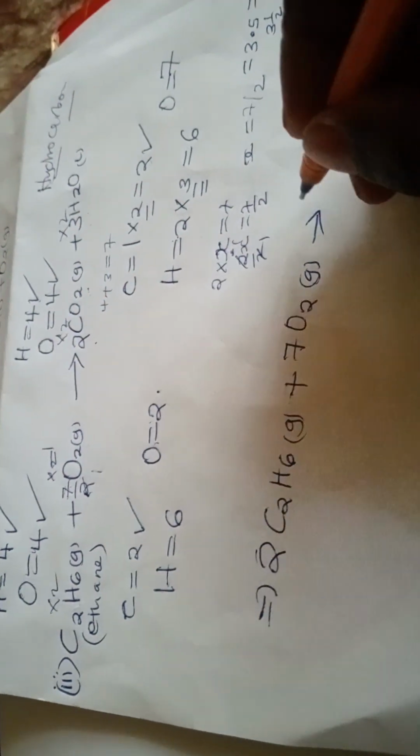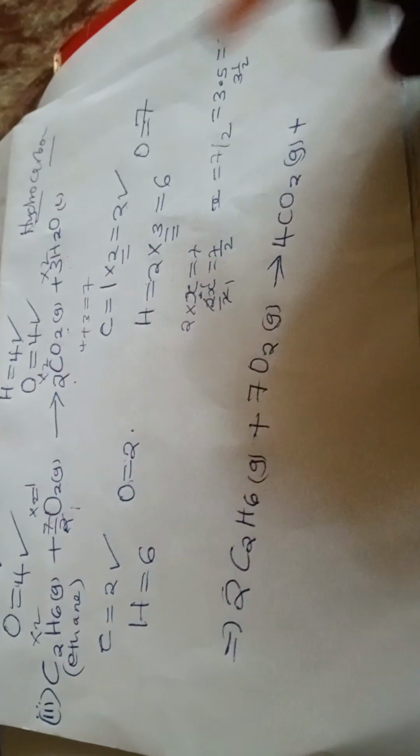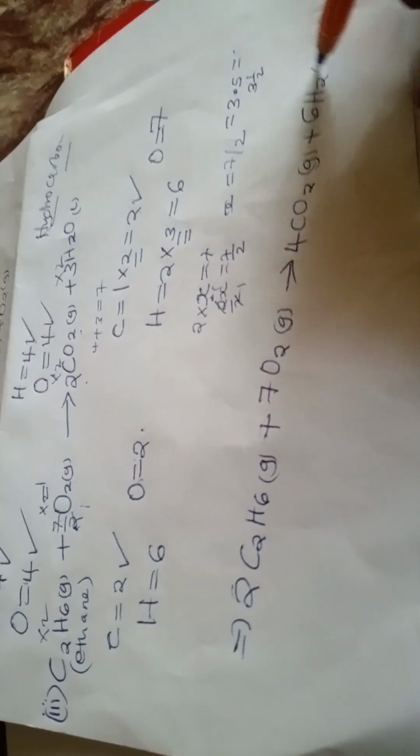Alafu the overall equation will now be hii 2 tuilete hapo nyuma, 2C2H6 ni gas plus hii sasa inaweza cancel by 2, so itakuja 7O2 gas to give us hii hapa kuna 2 na 2 multiply zinakuja 4CO2 na ni gas plus 3 na 2 zinakuja 6H2O liquid. Then we confirm kama kawaida.